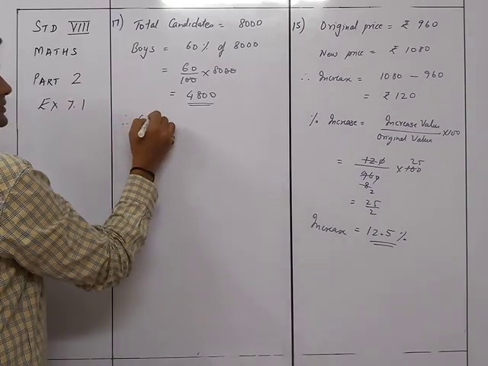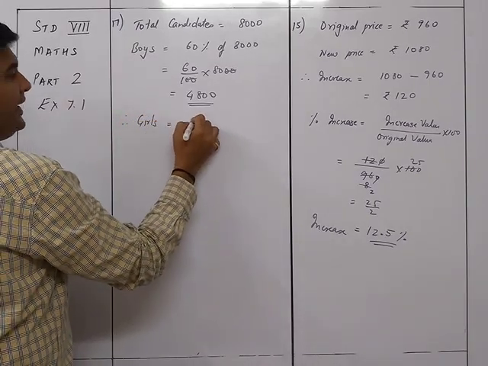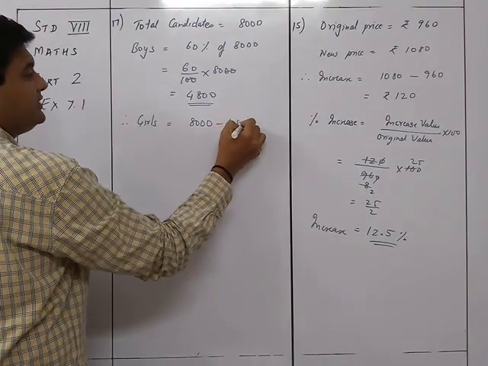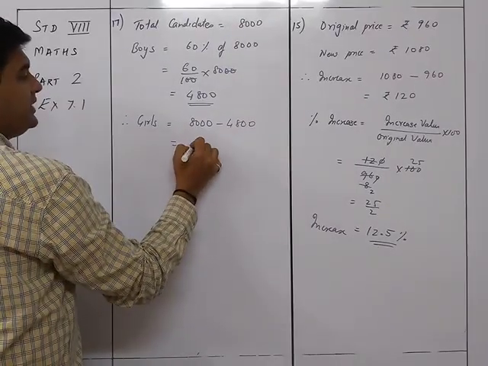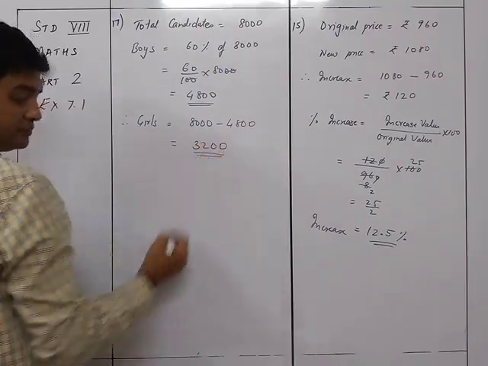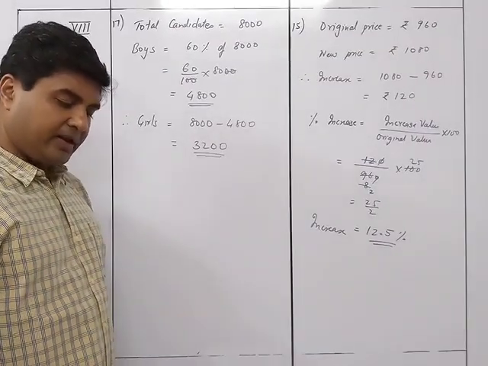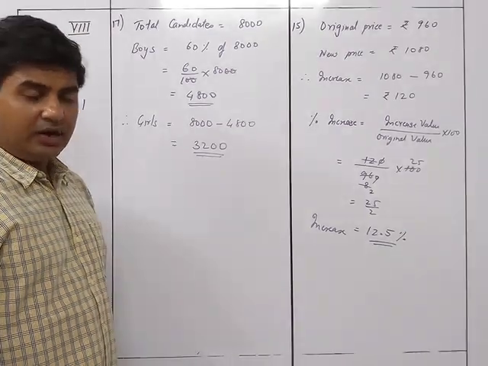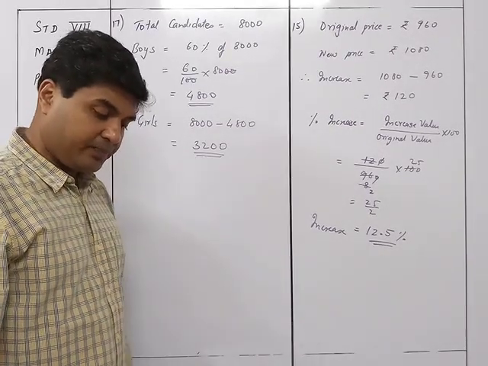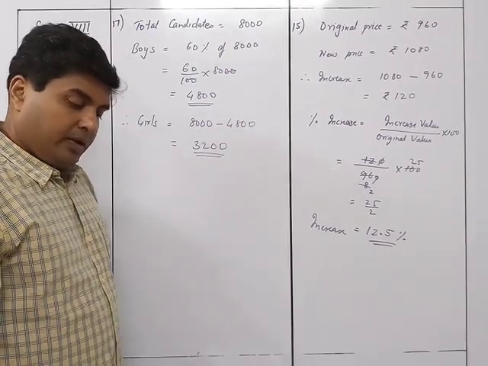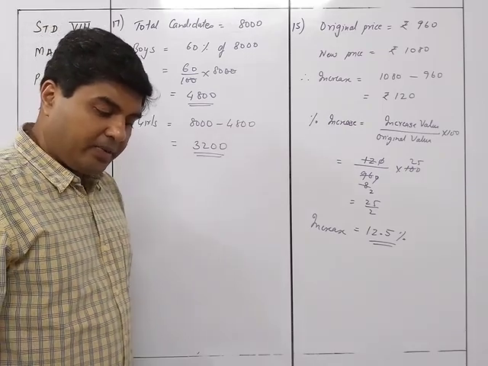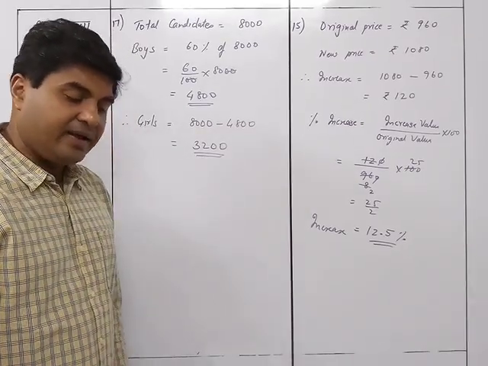Therefore, girls is equal to 8,000 minus 4,800, that is 3,200. So we automatically came to know how many boys and how many girls there are in the whole academy. Now 80% of the boys and 90% of the girls passed. Find the candidates who failed.